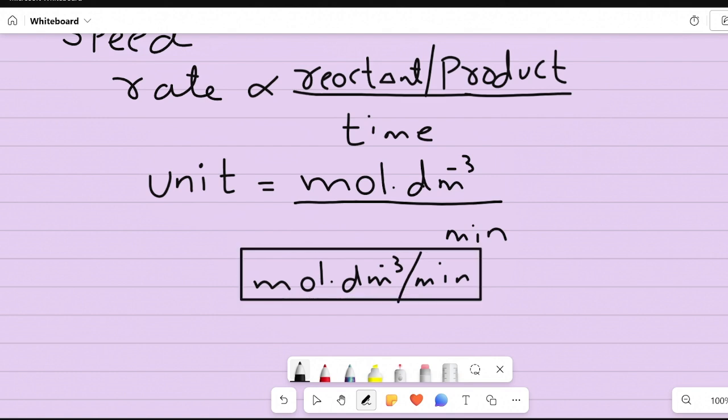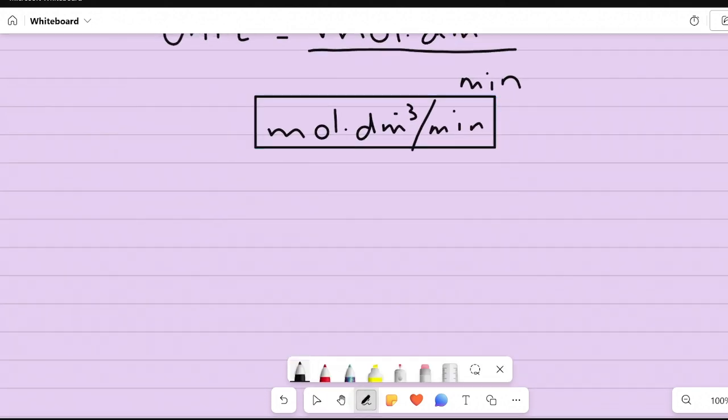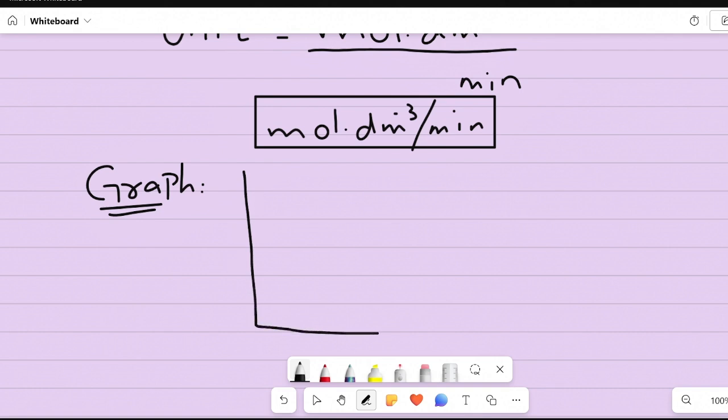Now the question is the graph. How will you draw the graph for the rate of the reaction? For example, you measure the amount of the reactant that disappears in the given time period. So you will write the time on the x-axis and the concentration of the reactant on the y-axis.